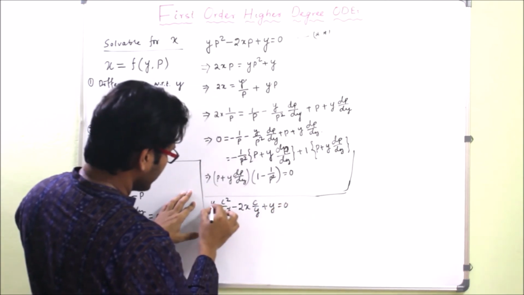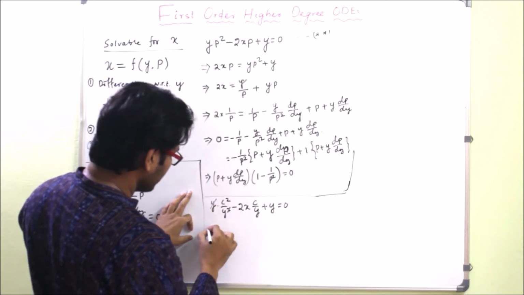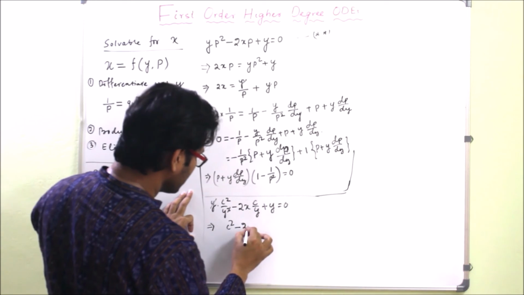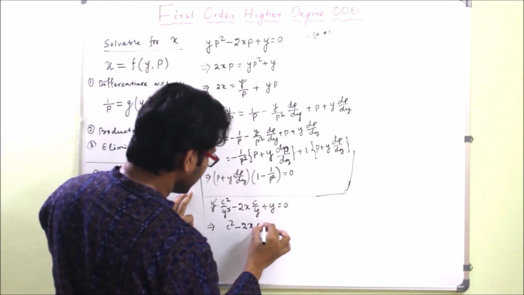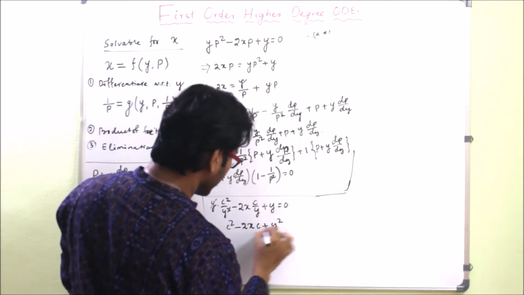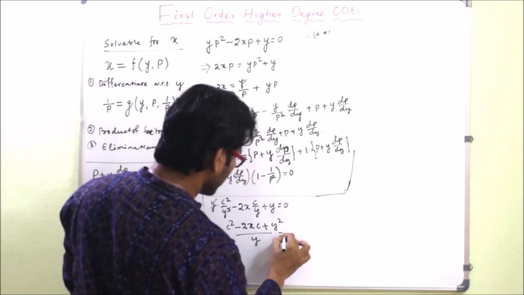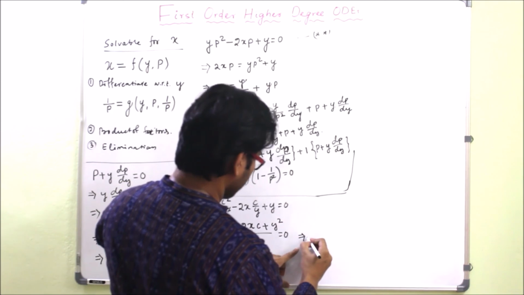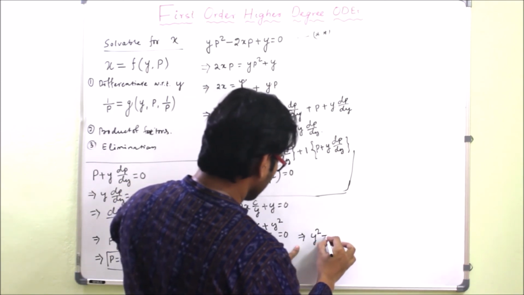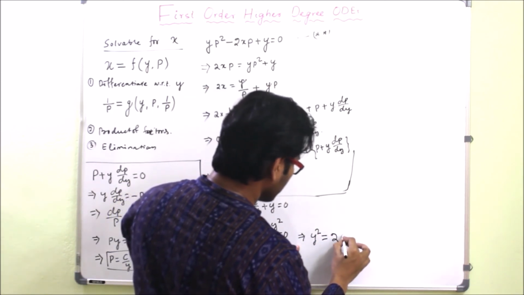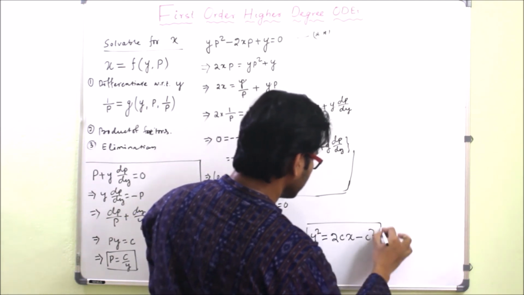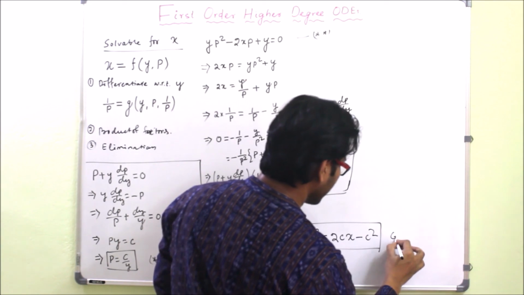The y square and y will cancel out, so finally we get c square minus 2xc plus y square, divided by y, equal to 0, and finally y square equals 2cx minus c square.